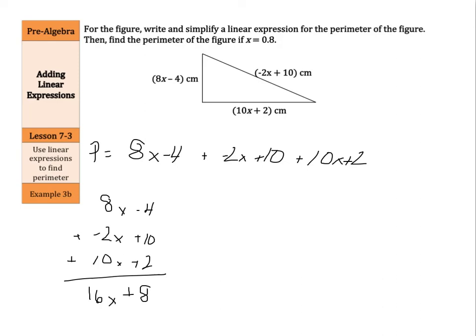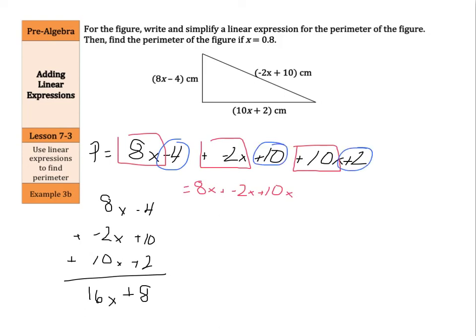Now, another way is saying, okay, we have 8x, a negative 2x, and a 10x. So this would be equals 8x plus negative 2x plus 10x. And we have a minus 4, positive 10, positive 2, so plus a negative 4 plus 10 plus 2.